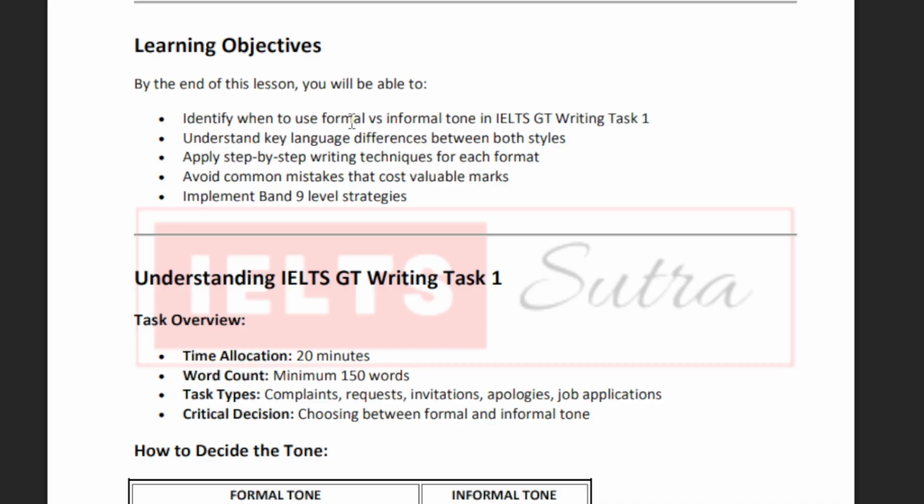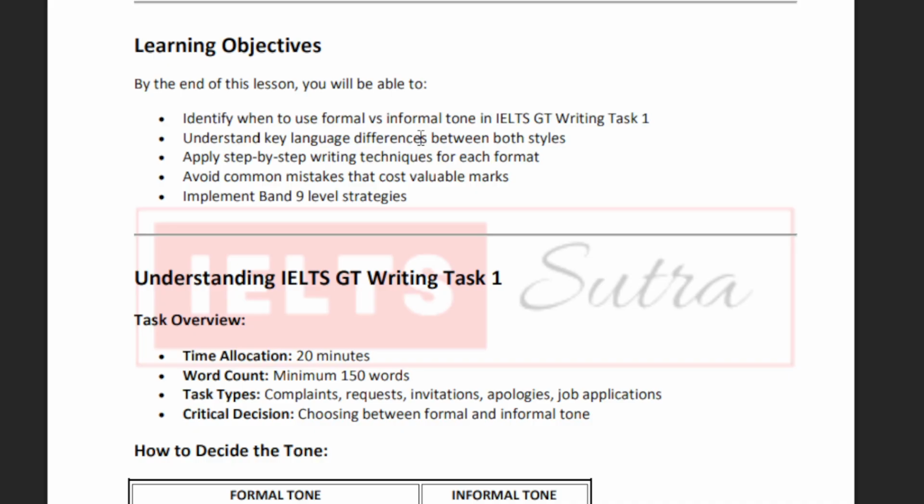So we will deep dive into this concept: when to use the formal tone and when to use the informal tone. Then after that we will understand the key language differences between both these styles of letters. Then we will look at some step-by-step writing techniques, some tips and tricks, and some common mistakes which I think you should be aware of before you start writing your letter.